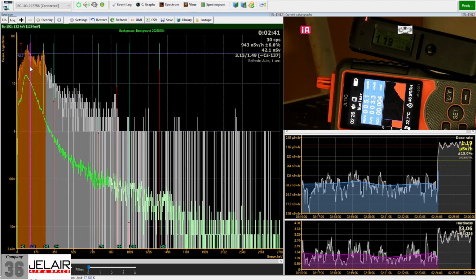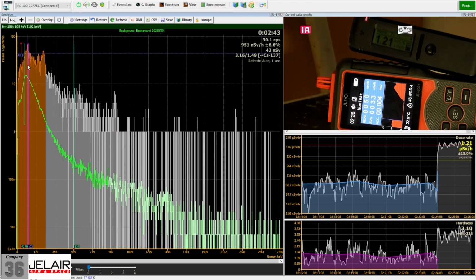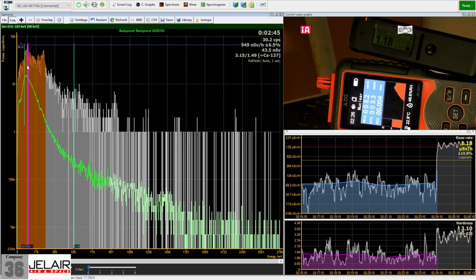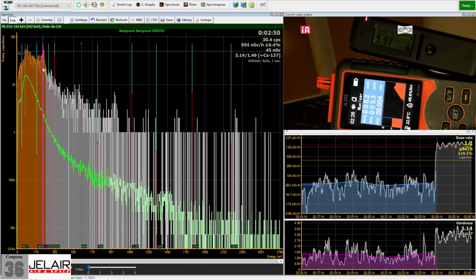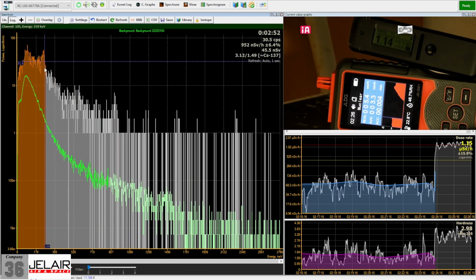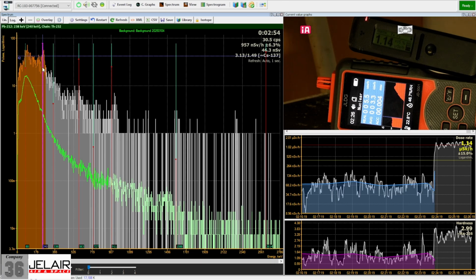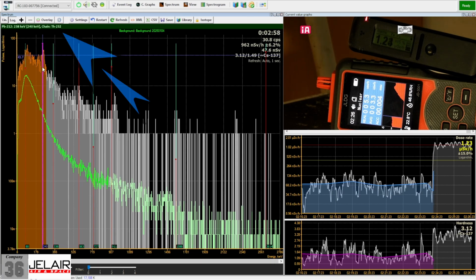But these peaks will identify, I'm trying to identify one now, what radioisotope is being emitted by the camera lens. And it appears to be Thorium 232.